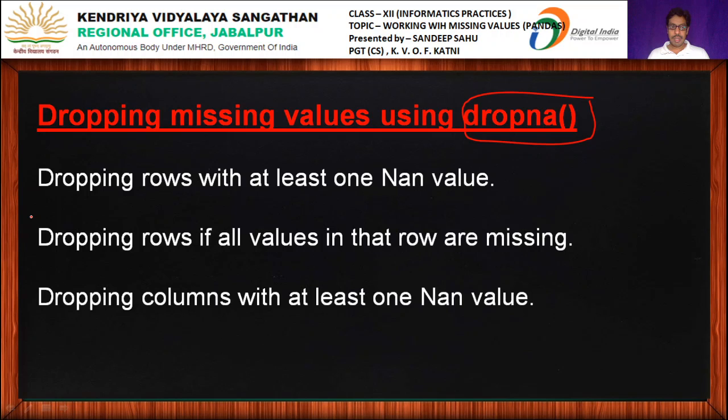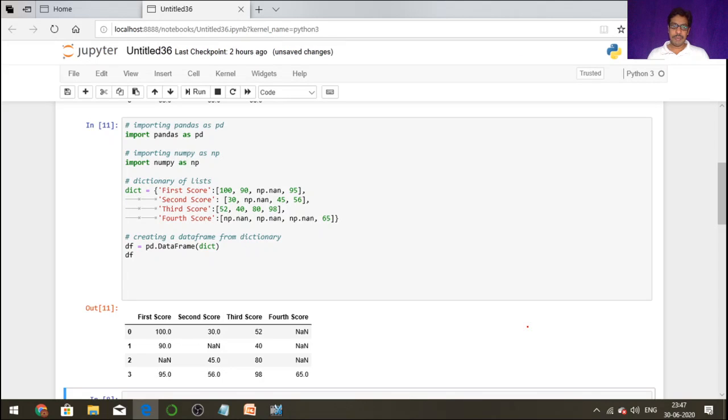We are discussing some cases by which we are dropping NaN values, like dropping rows with at least one NaN value, dropping rows if all values in the row are missing, dropping columns with at least one NaN value, and there may be several other cases also. So let's understand these with the help of practical examples.